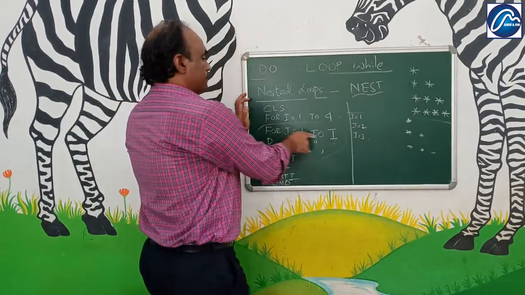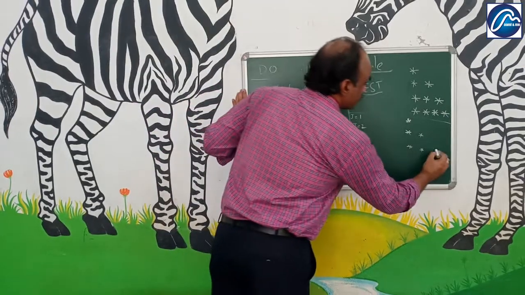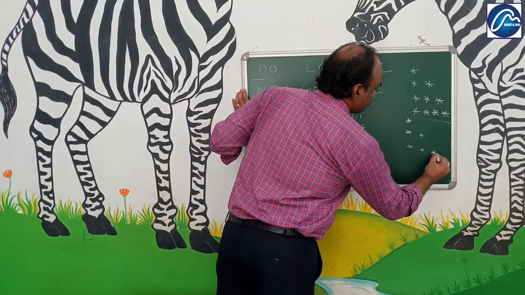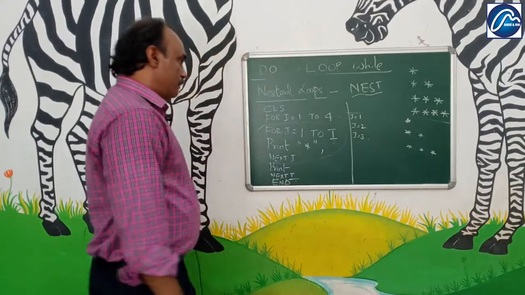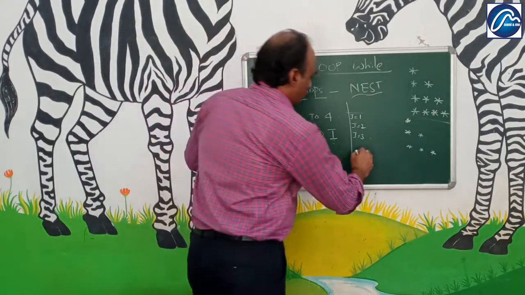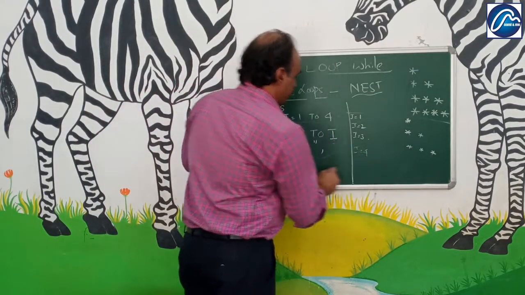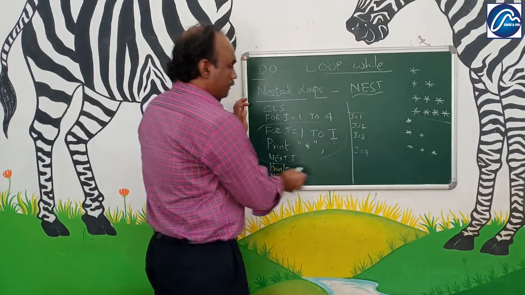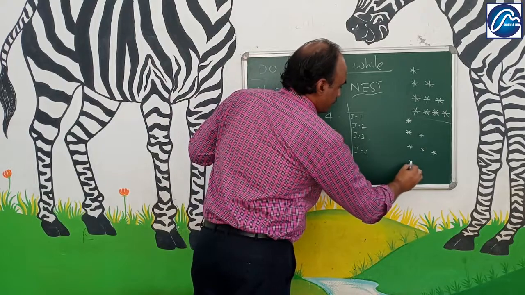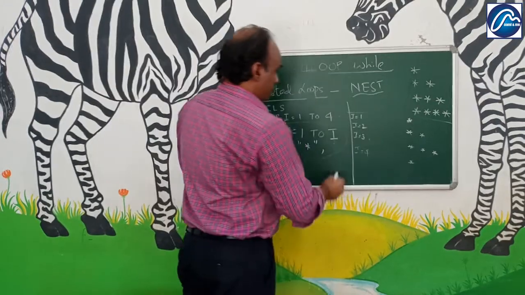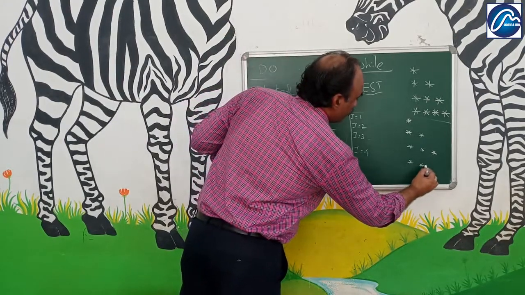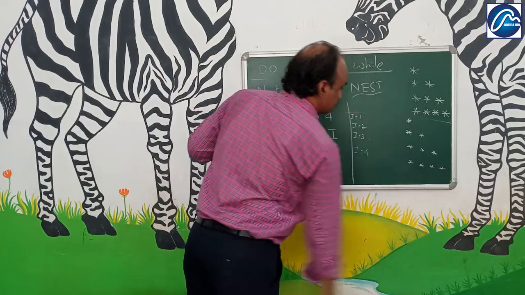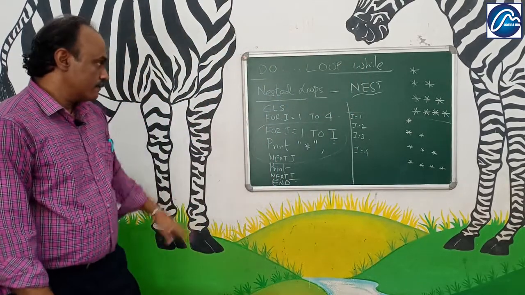It comes up till the value 3 is achieved, and you get printed. When I is equal to 4, J will take the value 1 to 4. See, our cursor has already come down, and again it is printed here. It will be printing till the value 4 gets complete. This is the way it works.